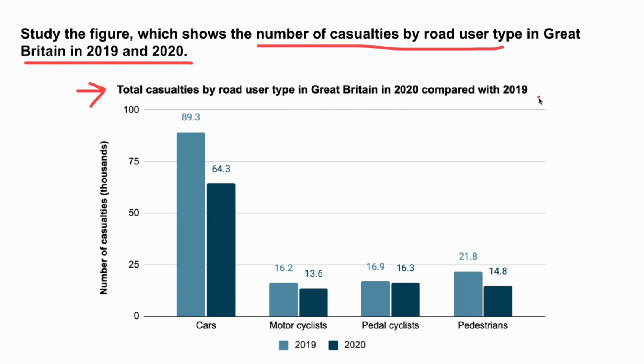That's all. Okay, in this case here, if you look at the axis on the left, you'll see the units are in thousands. And it's important that you take note of the units here because it affects the way you support your answer with data. For example, if you were to say that for cars, 89.3 casualties happened in 2019, that is inaccurate because the actual number is 89.3 thousand.